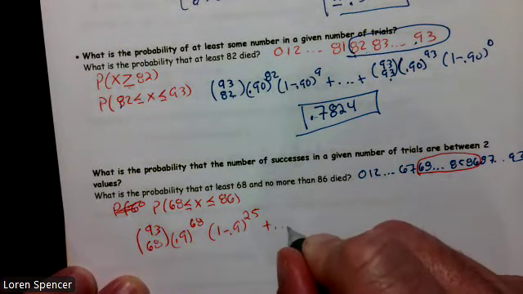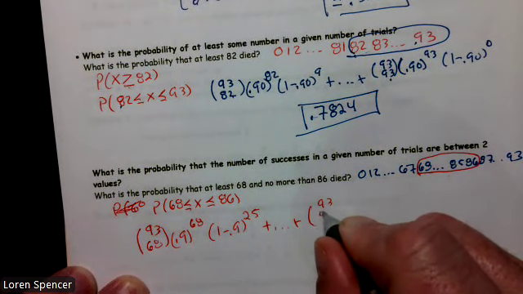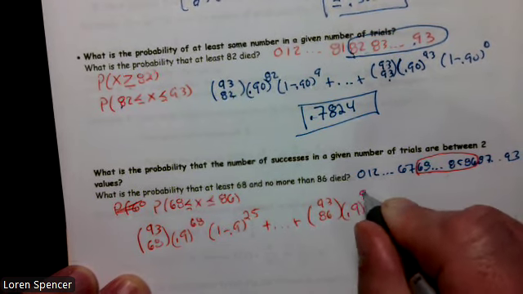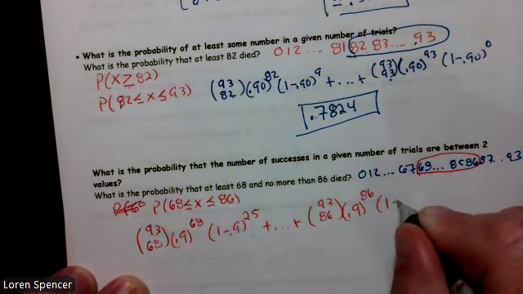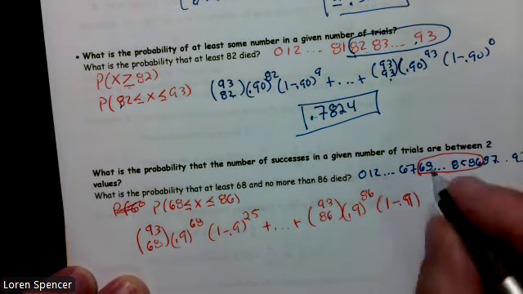Plus, plus, 93 choose 86, 0.9 to the 86th power, 1 minus 0.9, and 93 minus 86 is just 7.